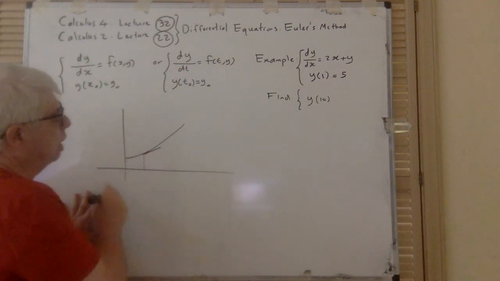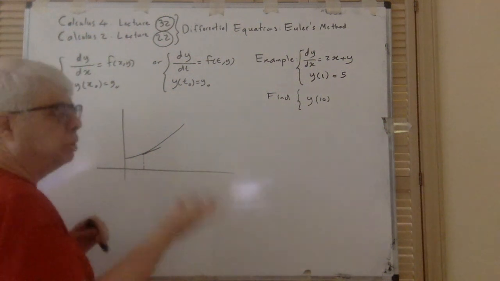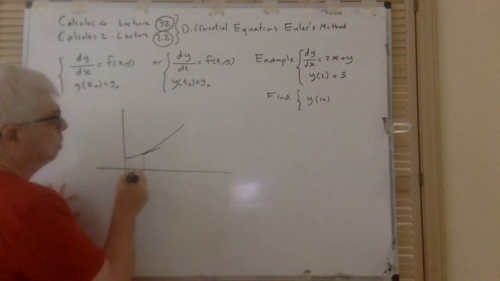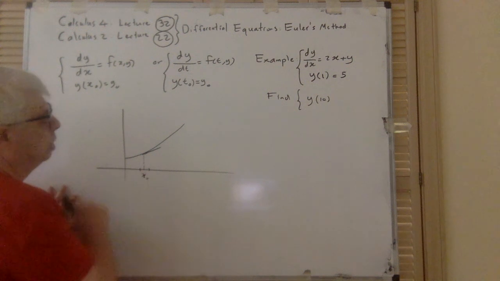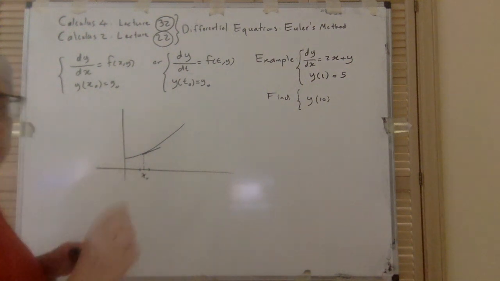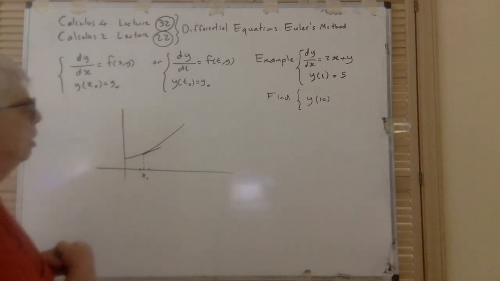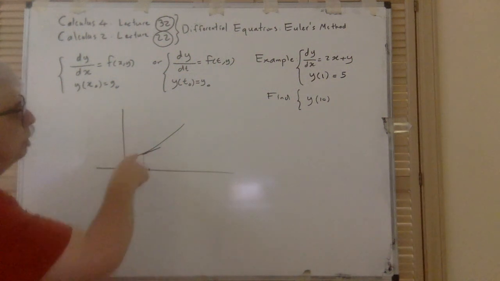So the line tangent to this point, to the graph of this function, can be regarded as the best approximation about the point, say if this is x0, which means just restricted to some small neighborhood of this point. You can say that this function is almost the same as this line.